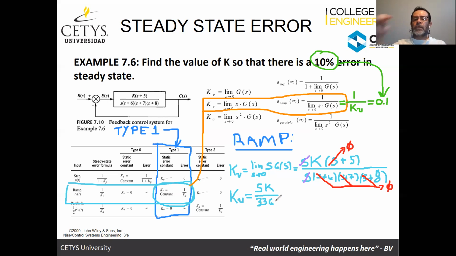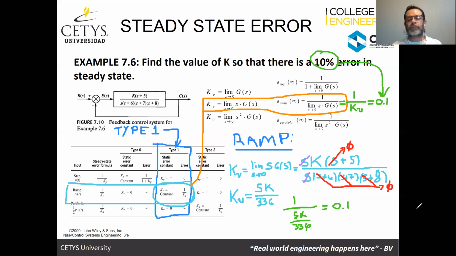From this expression, we can take it and substitute it, and I'm going to draw it here on the bottom in green. 1 divided by KV, which is 1 divided by 5K divided by 336, is equal to 0.1.